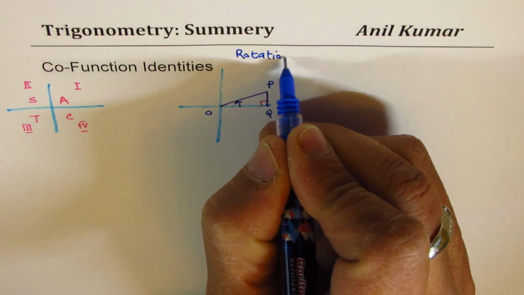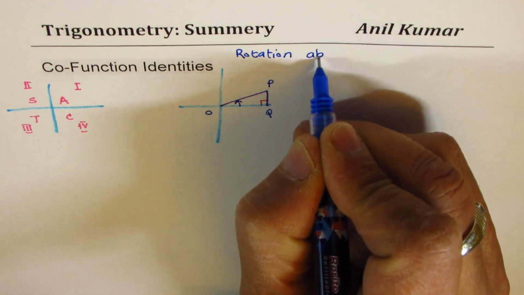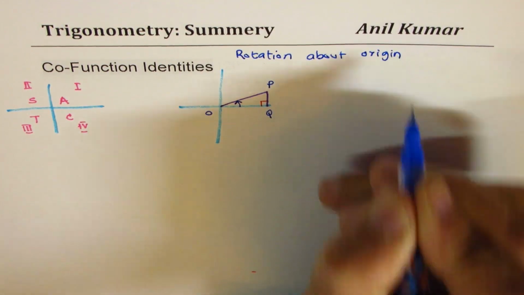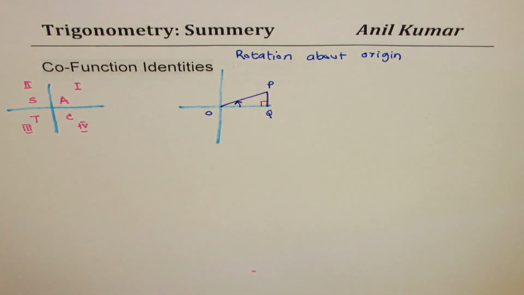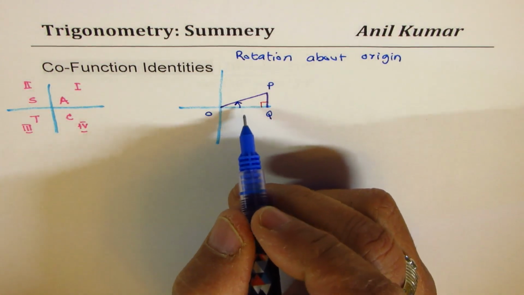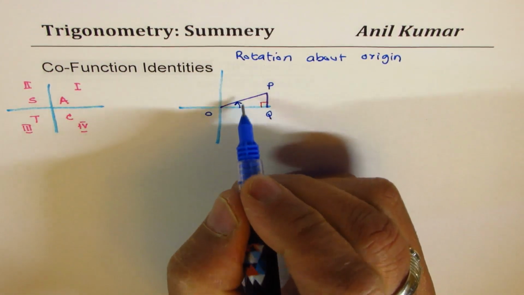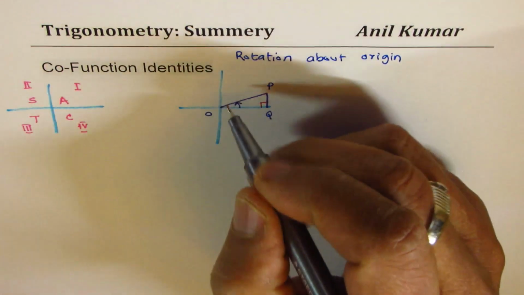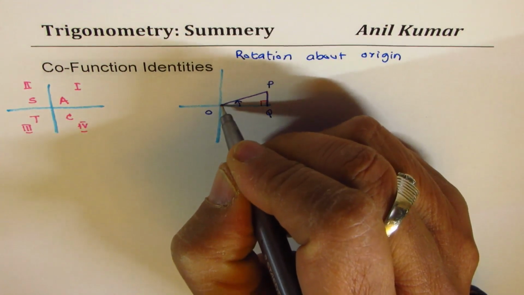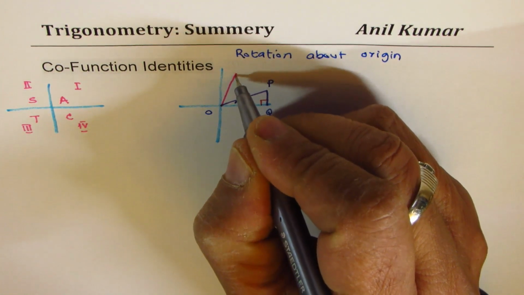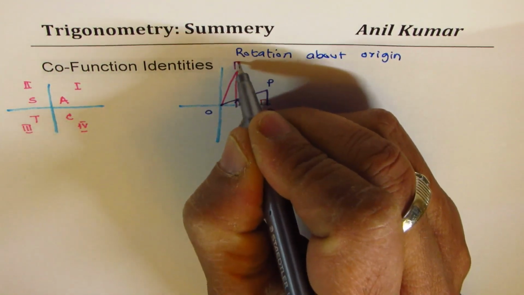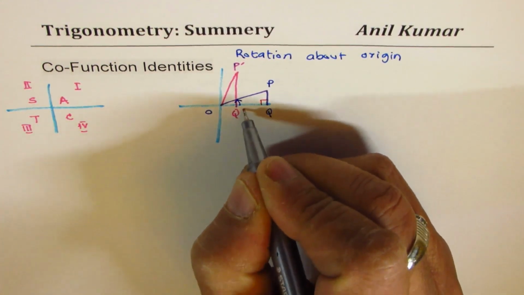So when there is a rotation about origin. So consider like this, when we are trying to do some rotation about origin, in the first case, I will rotate this angle so that we get another triangle which is kind of like this. So I'm calling this point P dash and this point Q dash.